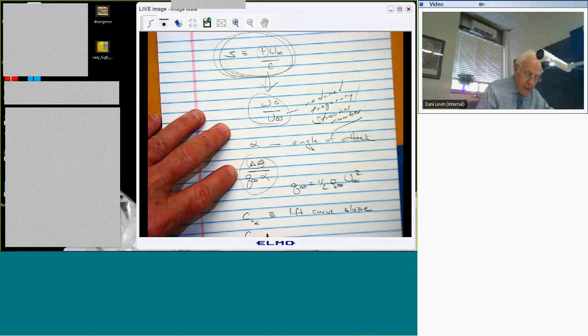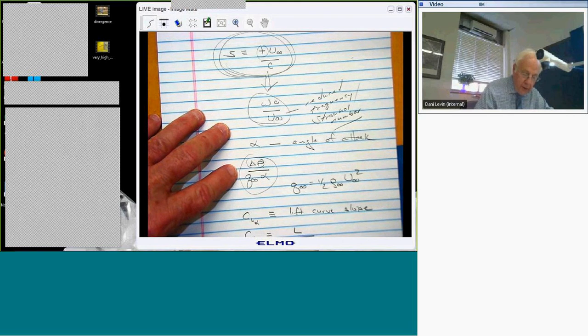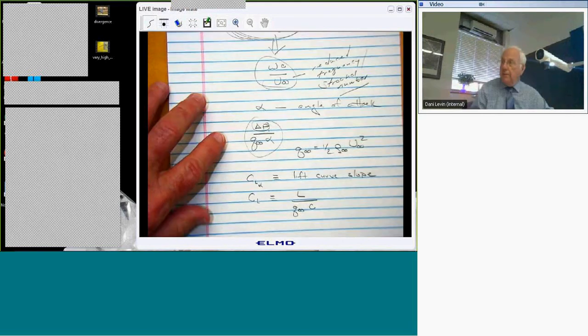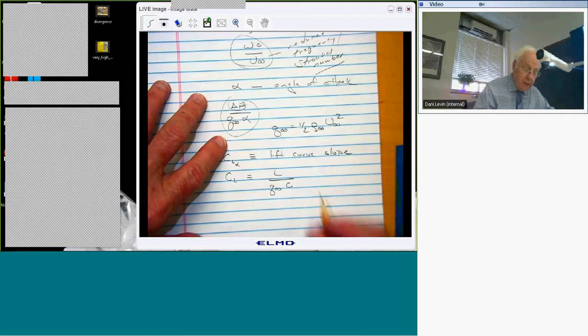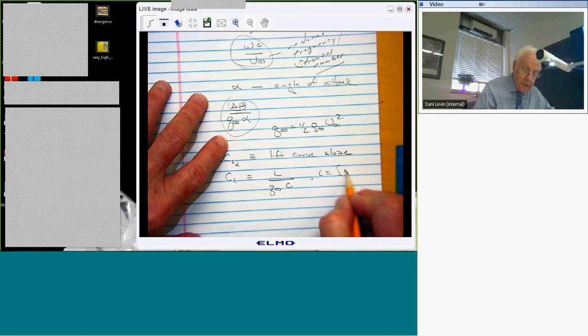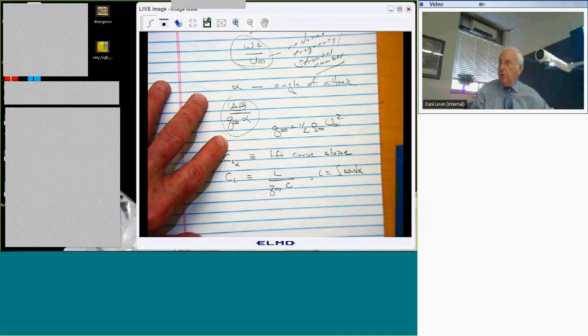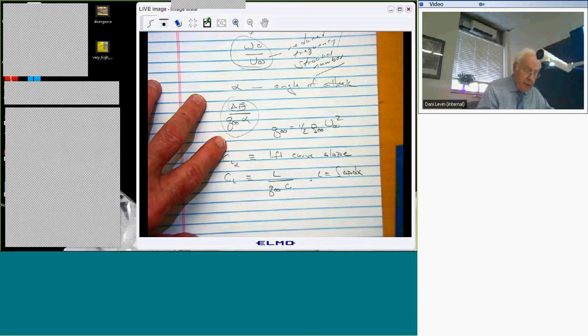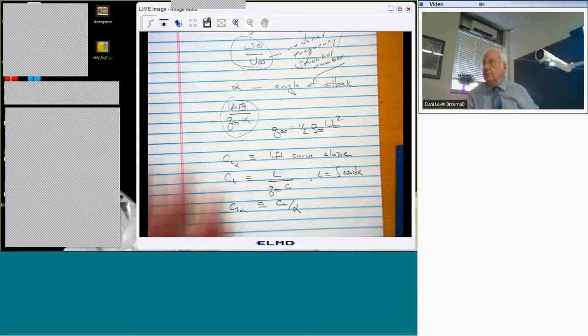C_L is the lift divided by Q infinity times C, right? And of course, the lift is the integral of the pressure over the chord of the airfoil, right? And C_L alpha, by definition, is C_L divided by alpha, right?